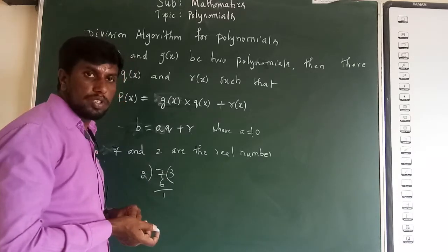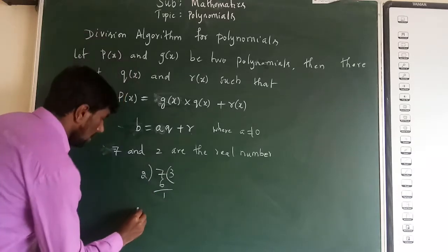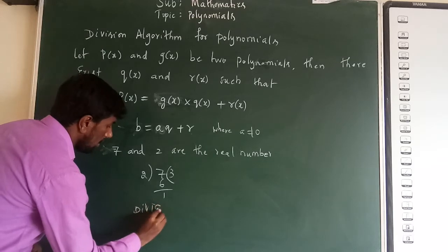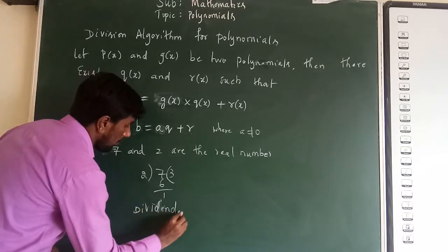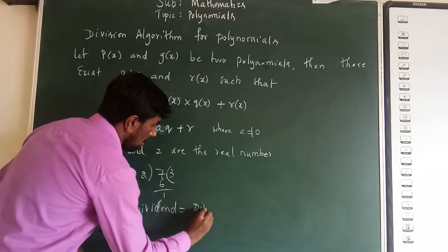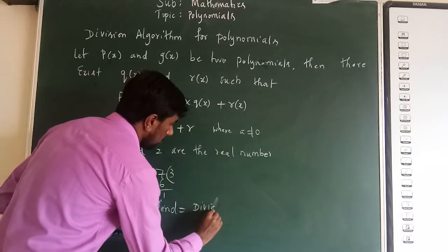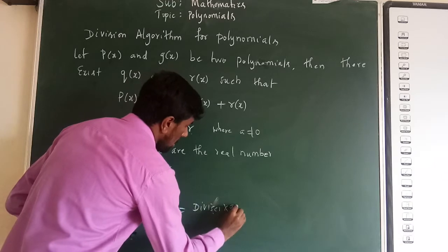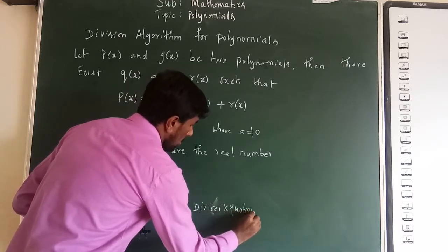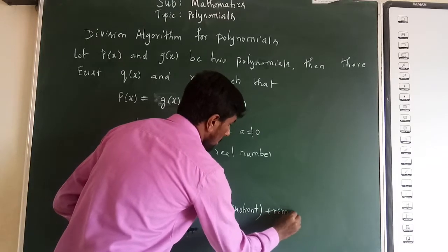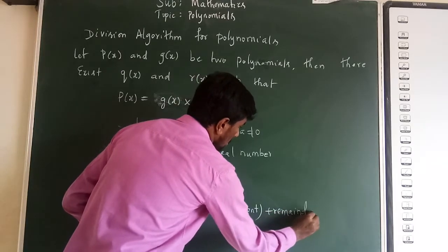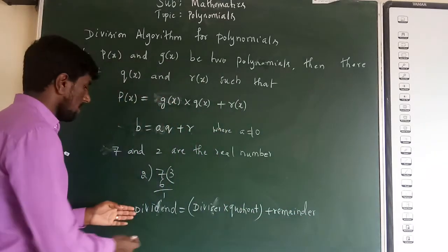So this is what we have studied, right? Division. We know that dividend is equal to divisor into quotient plus remainder, right? This is the division algorithm.